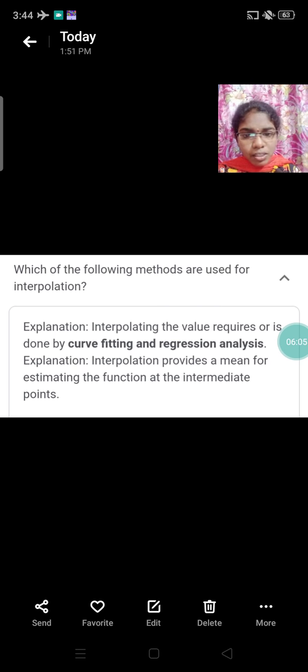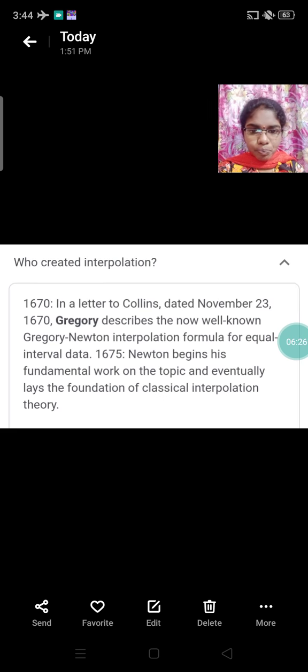Which methods are used for interpolation? Interpolating the value is done by curve fitting and regression analysis. Interpolation provides a means for estimating the function at intermediate points.